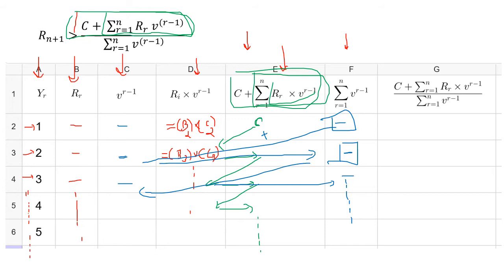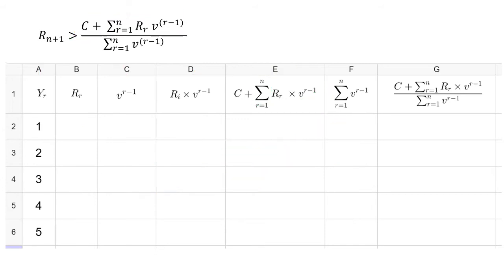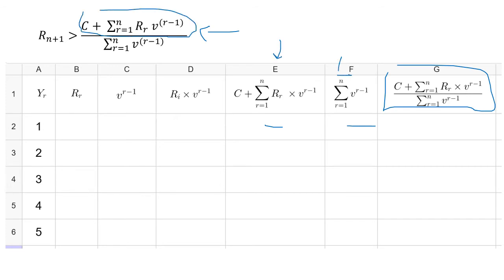And finally, we will have the entire right hand side of this condition, and this will be simply column E divided by column F, because E lists down the numerator of the right hand side and F denotes the denominator of the right hand side.